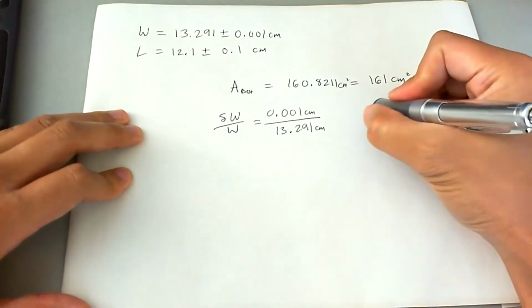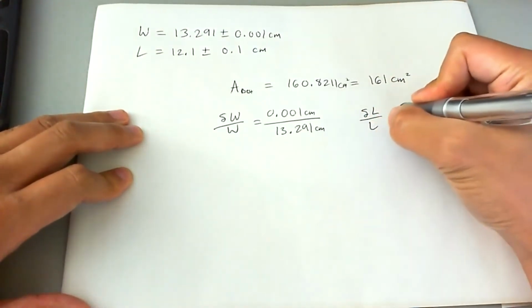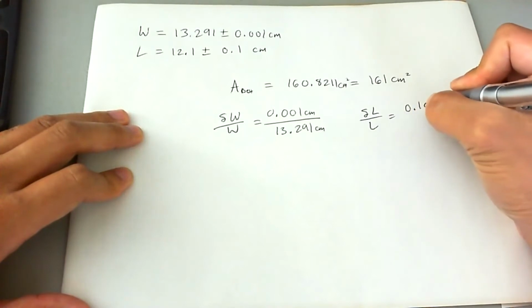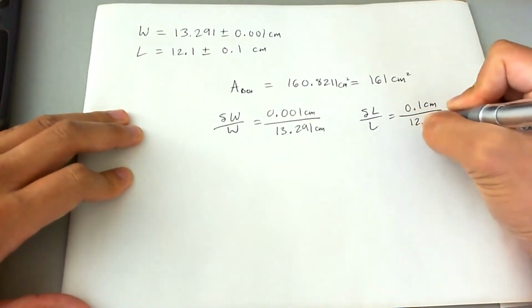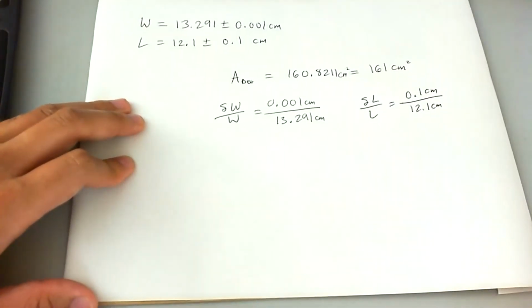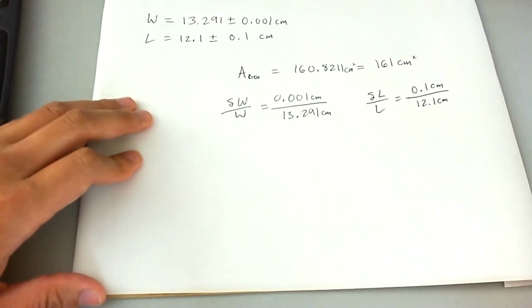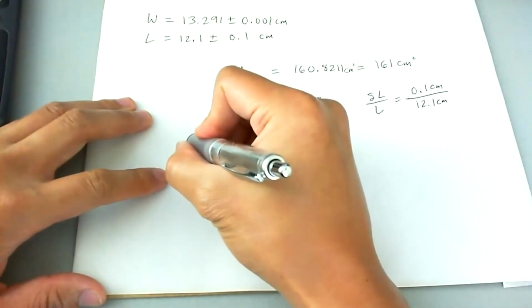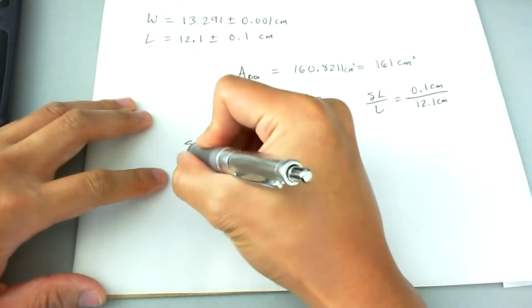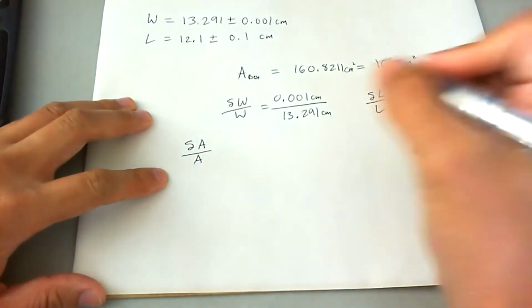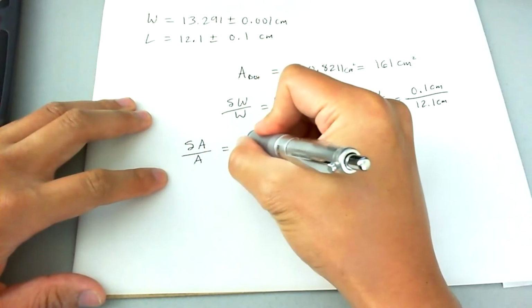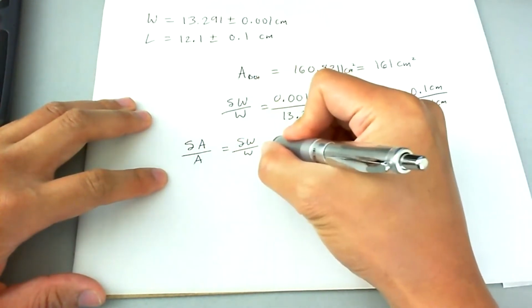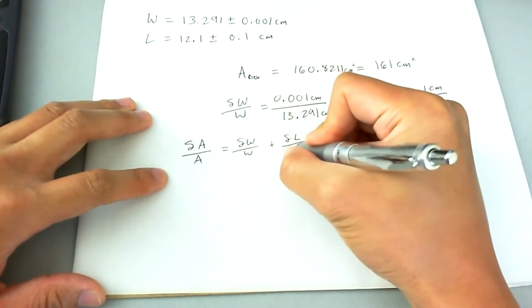The relative uncertainty for length is 0.1 centimeters divided by 12.1 centimeters. So here's the equation for finding the uncertainty of area: the uncertainty for area divided by the area is equal to the uncertainty for width divided by width, plus the uncertainty for length divided by length.